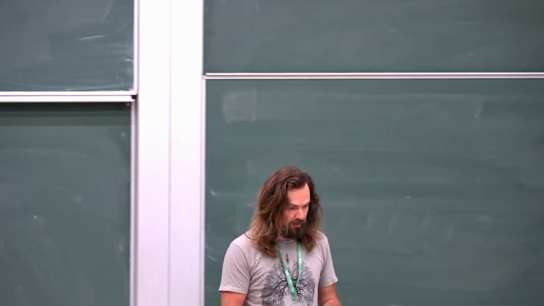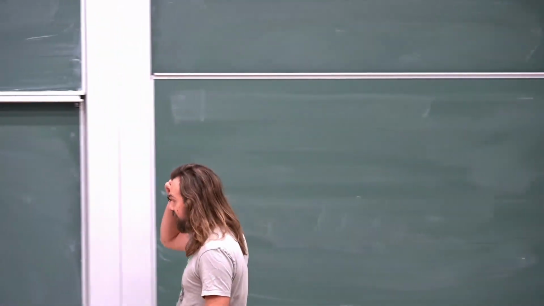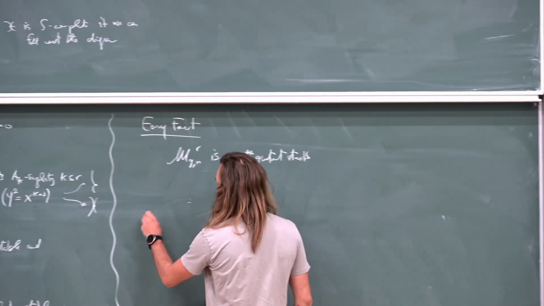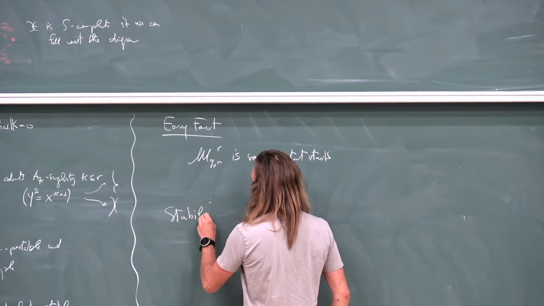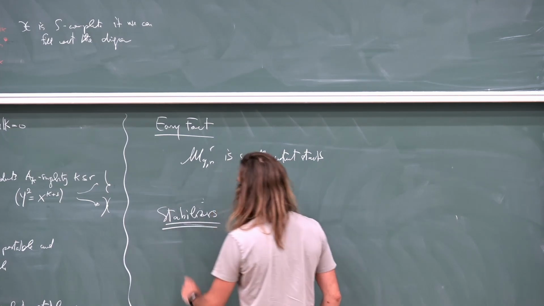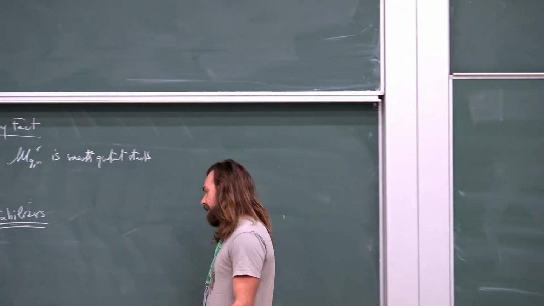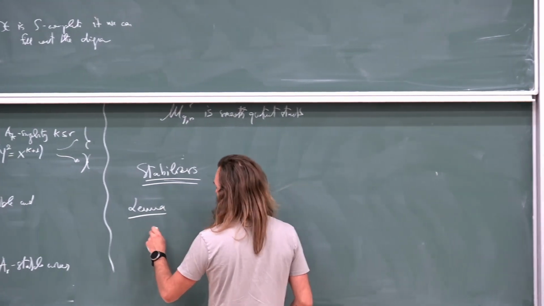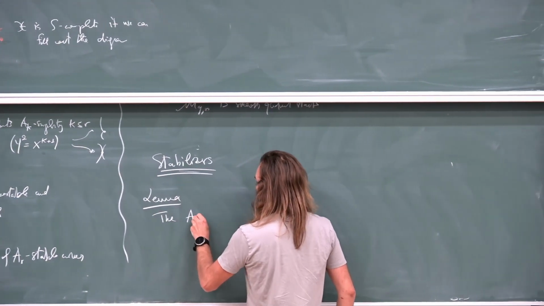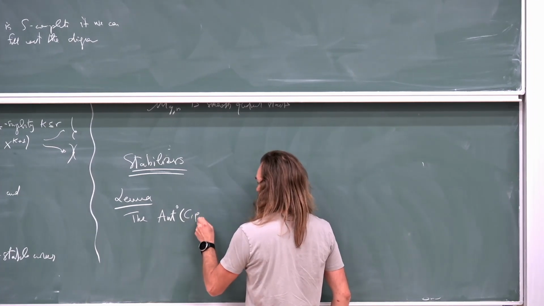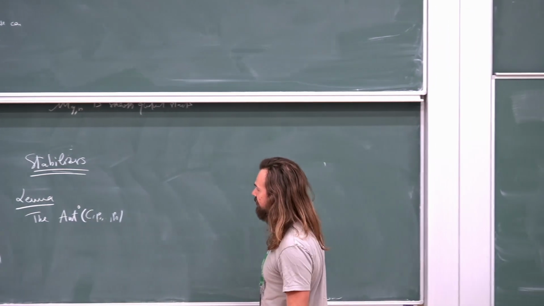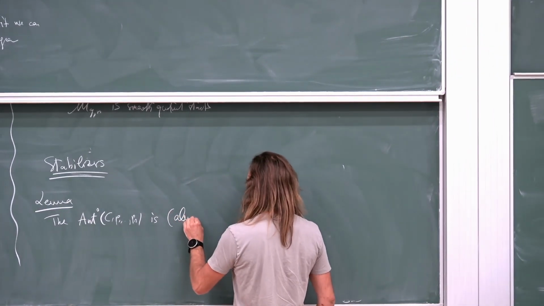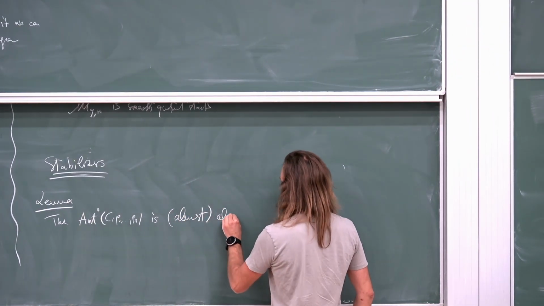Right, so we have our stack, and the first question was, does this have a good moduli space? The first thing you want to check is what the stabilizers are. If you want a good moduli space, you at least want the stabilizers to be linearly reductive, and we are in luck with this. The main lemma is that the connected component of the automorphism group of an n-marked A_r stable curve is almost always a torus.